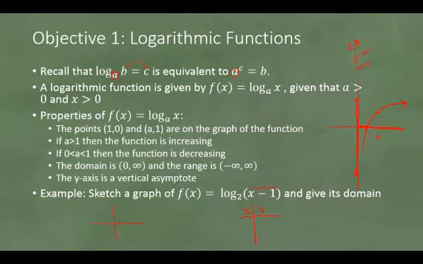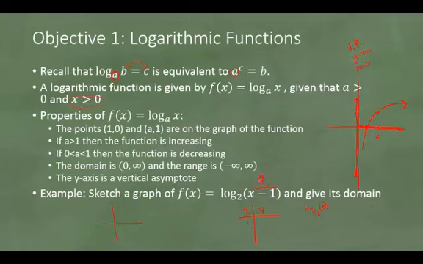So let's start with x is equal to 1. If x is equal to 1, we get log base 2 of 1 minus 1, or log with base 2 of 0. That's not possible, because this thing has to be bigger than 0. So let's try something else.